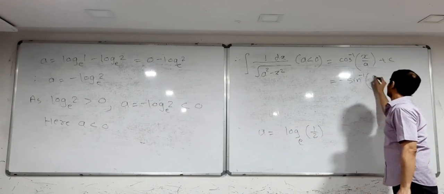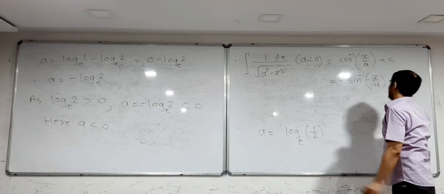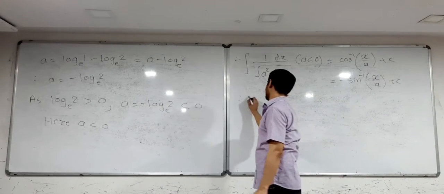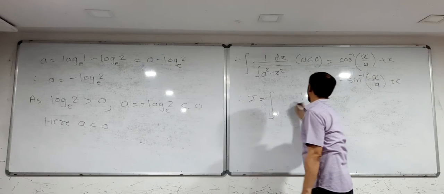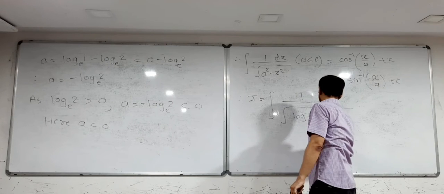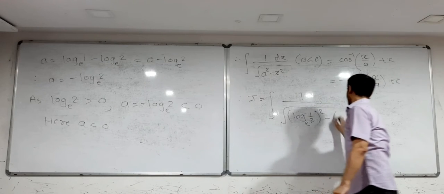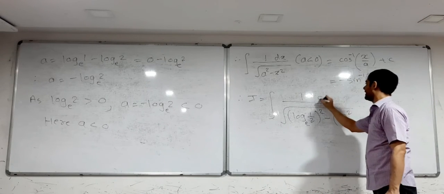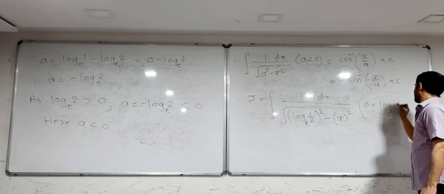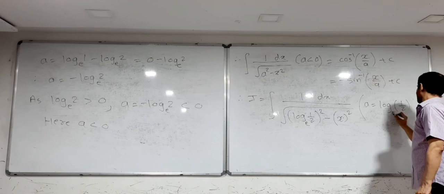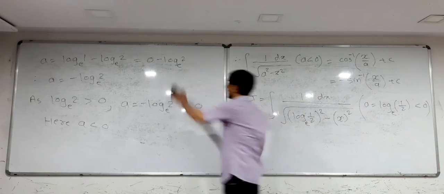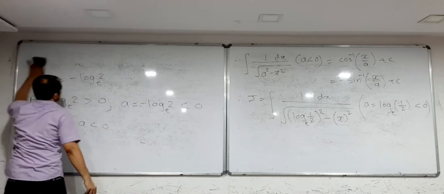So this question I, the integration of 1 upon square root of log of half to the base e whole square minus x square dx, here a, which is log half to the base e, is less than 0. So this converts into this. Can I write cos inverse of x by a?